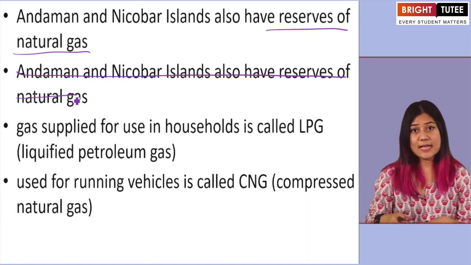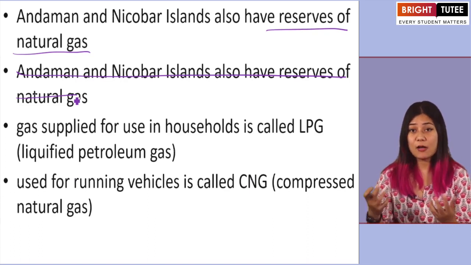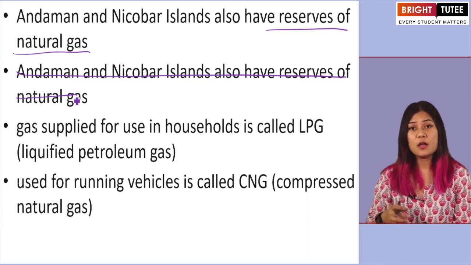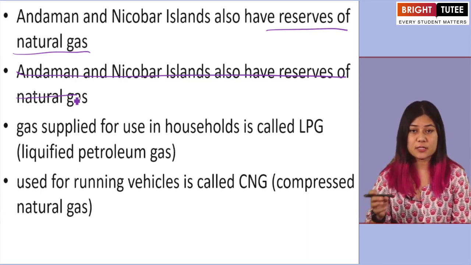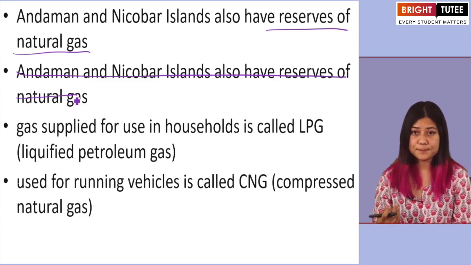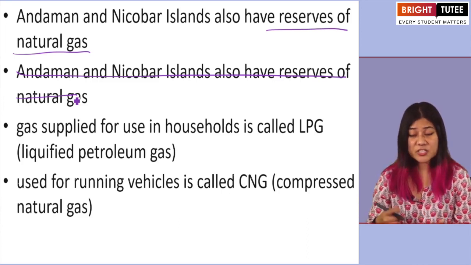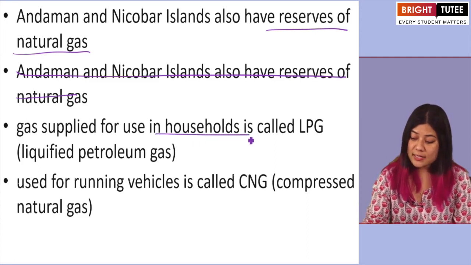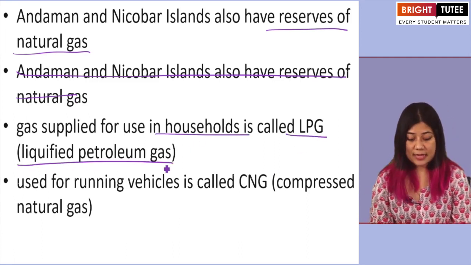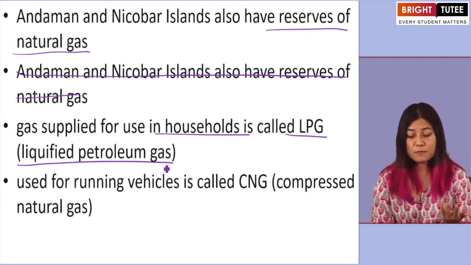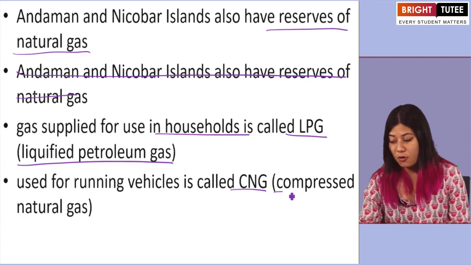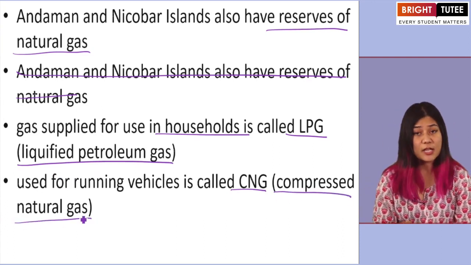Now, this gas is also used in households, and also in propelling vehicles, cars. The gas which is used in the household is called LPG, or liquefied petroleum gas, and the gas which is used for running vehicles is called CNG, or compressed natural gas.